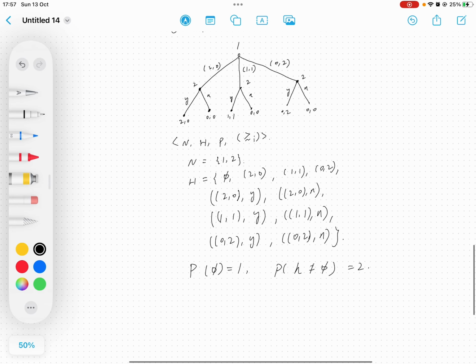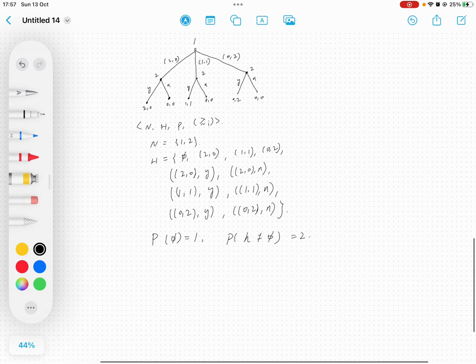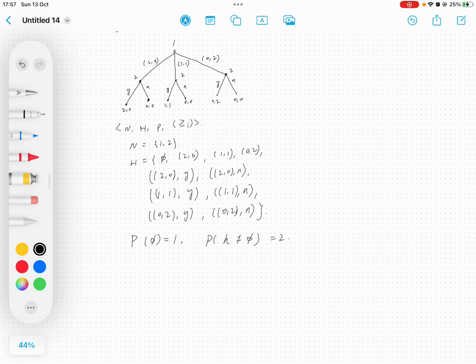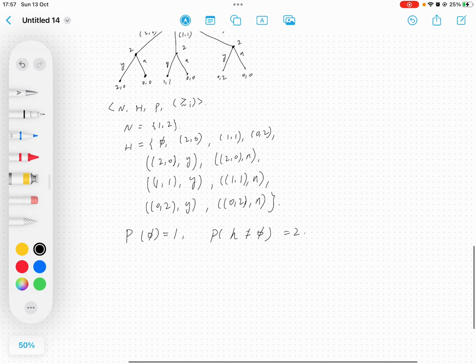And how about the preference relation here? For player 1 first, because those preferences are defined on the outcomes, which means on the terminal histories, we can just focus on those.